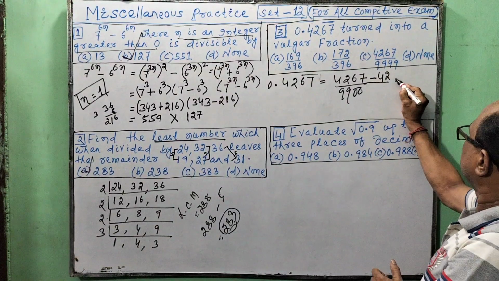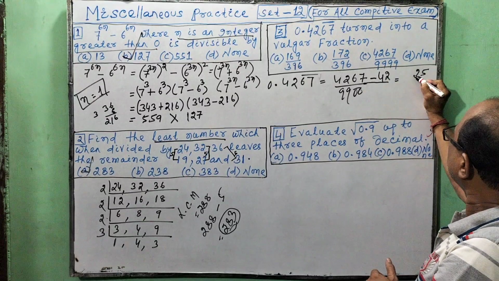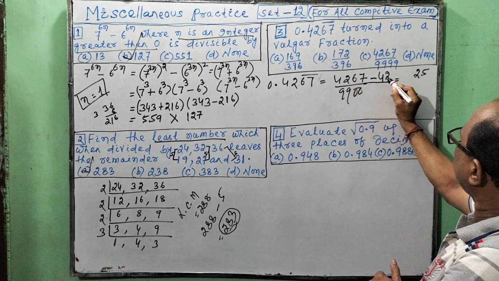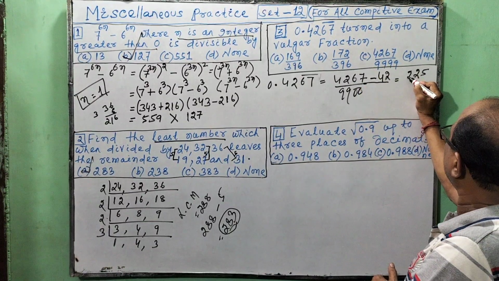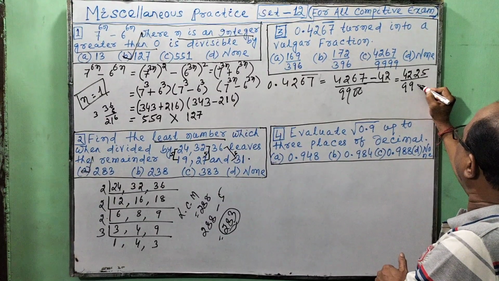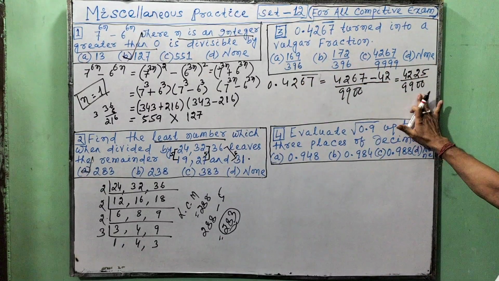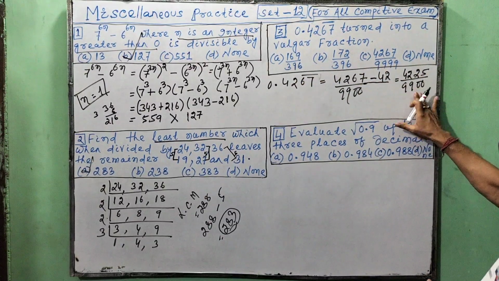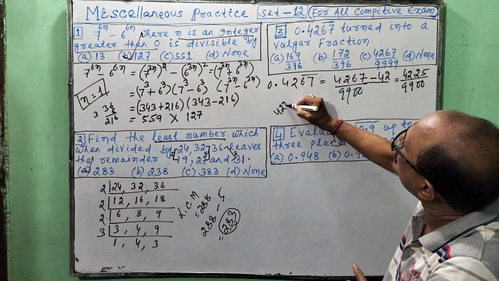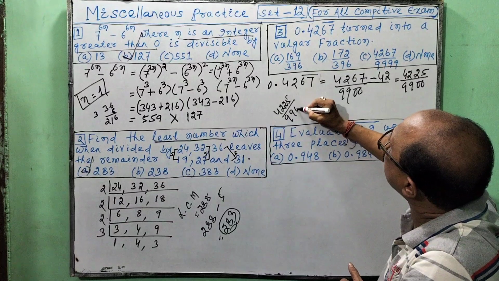So it is 4225 by 9900. But the answer is not here, so we reduce it. How to reduce? 4225 by 9900.